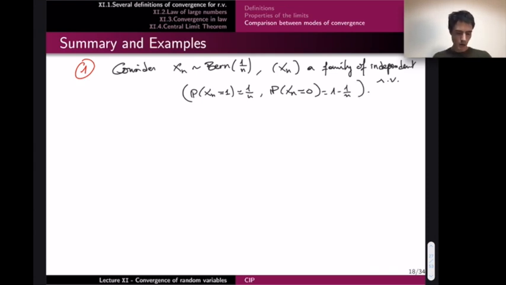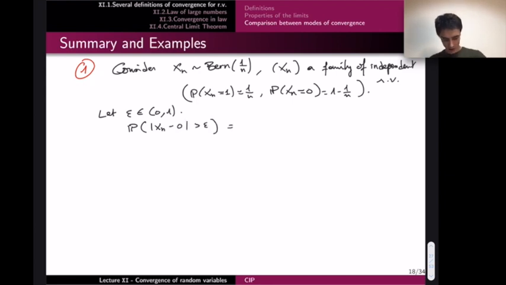Okay, so I will fix epsilon. So we'll choose epsilon in (0, 1), open. Here I guess that the limit should be 0, because it's more and more likely that Xn will be equal to 0. So if there is such a limit in probability, I guess that it will be 0. So I'm computing the probability that Xn minus 0 is greater than epsilon.